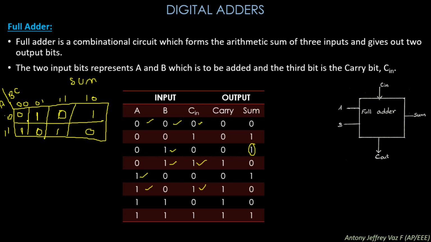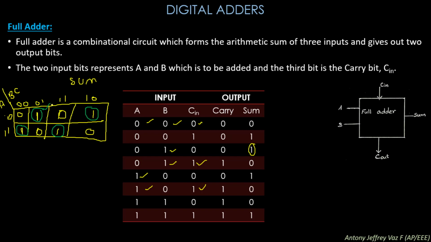What happens, you will be getting an equation like this. Okay, you have 1 over here, another 1 over here, another 1 over here and another 1 over here. In this case the equation of the sum, okay, we will start from here.